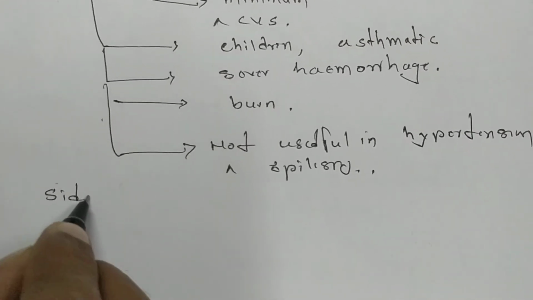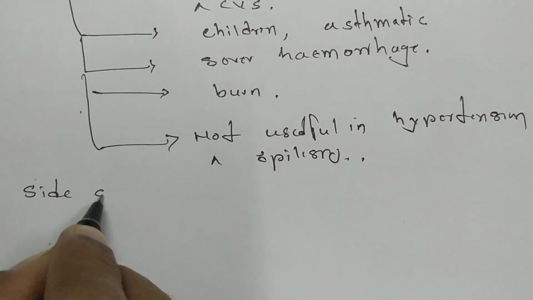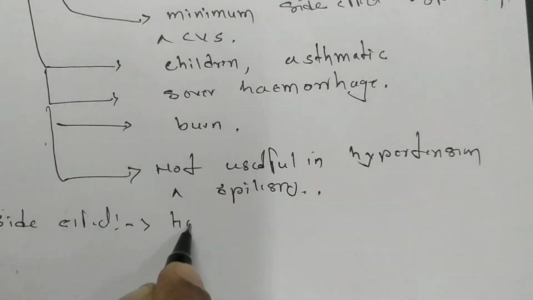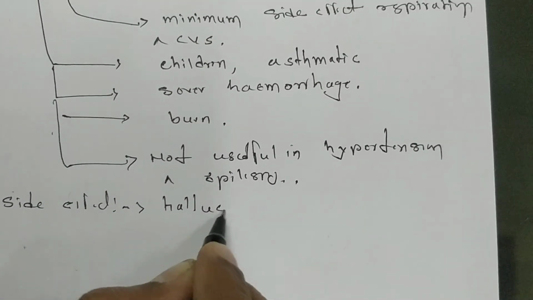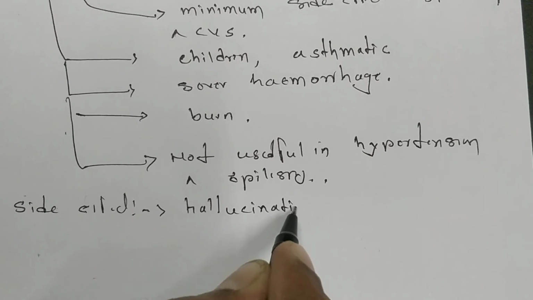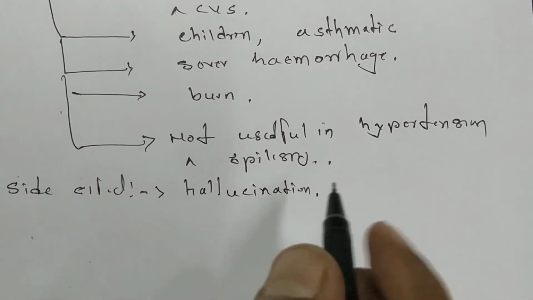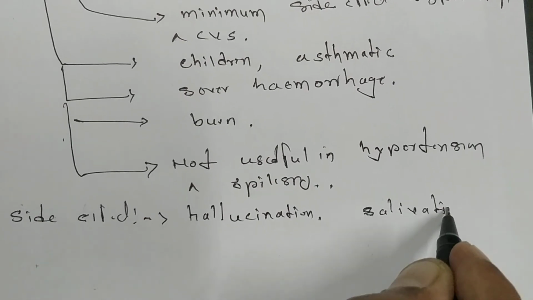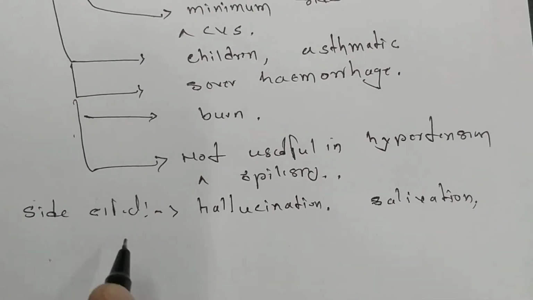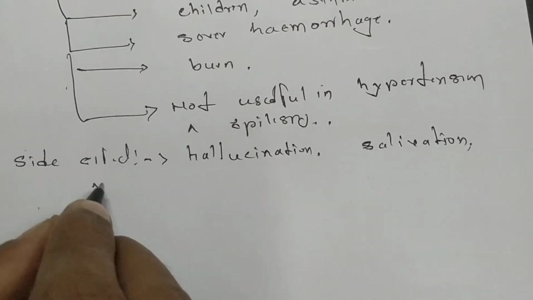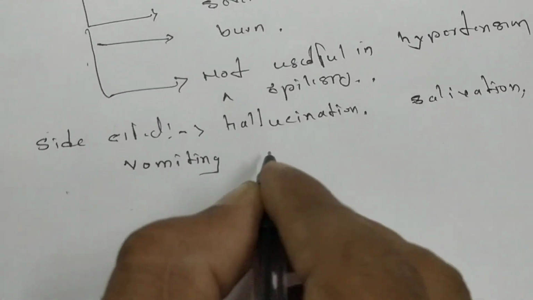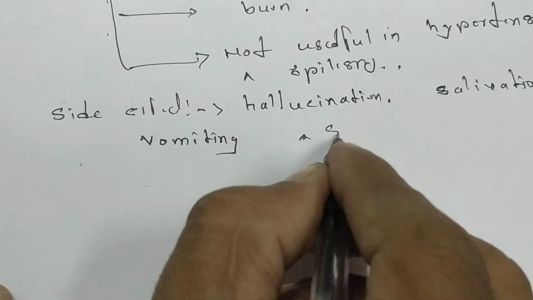It causes side effects: hallucinations, excess salivation, vomiting on overdose, and skin rashes.